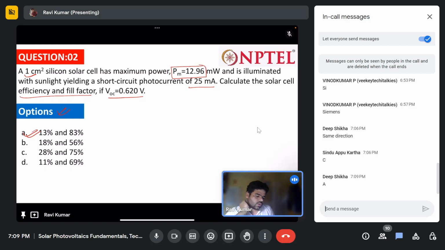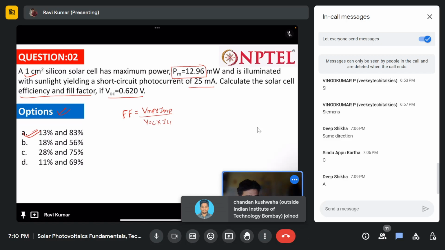So those who are not solving it, I'll tell you. First, you can calculate fill factor. It is like this: VMP into IMP divided by VOC into ISC.